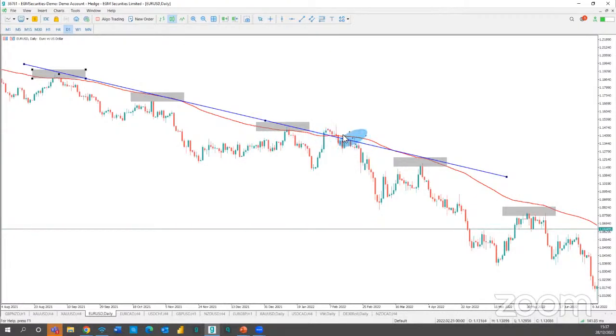This does not change the fact that we are in a downtrend. So you're going to ignore a few outliers, but if the line fits most of the structure of the market, then that is a good line.